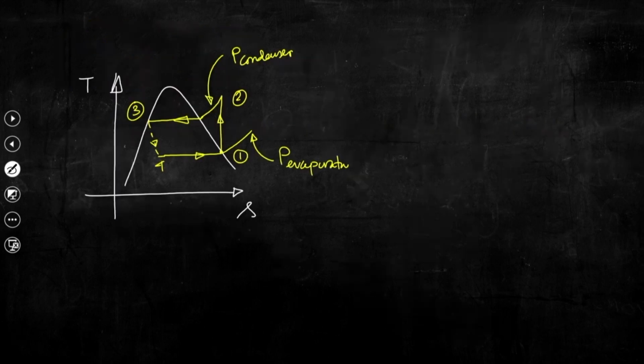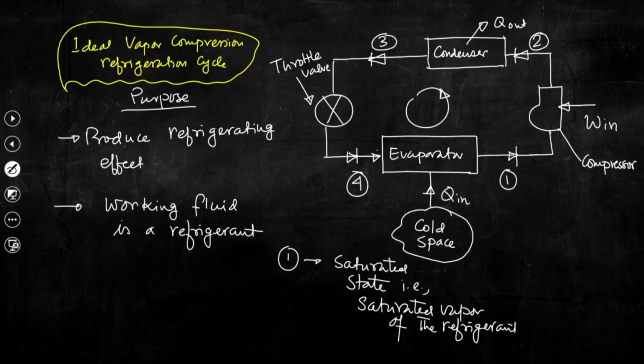So, we can see from this TS plane. On the other hand, the refrigerant vapor changes its state from state 2 to state 3 in this condenser, and the process occurs at constant pressure. So, this is also a constant pressure process.